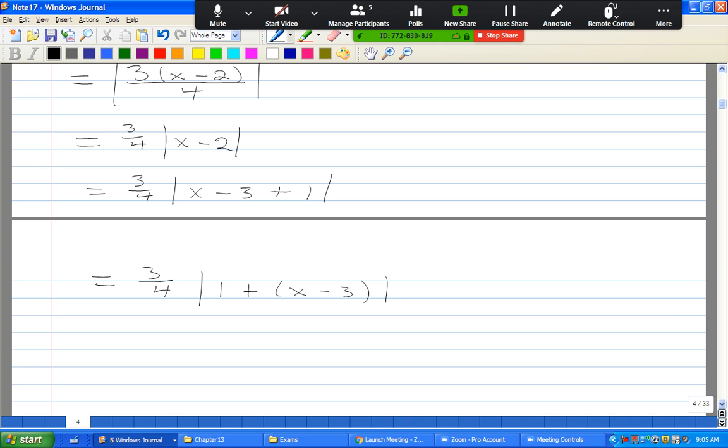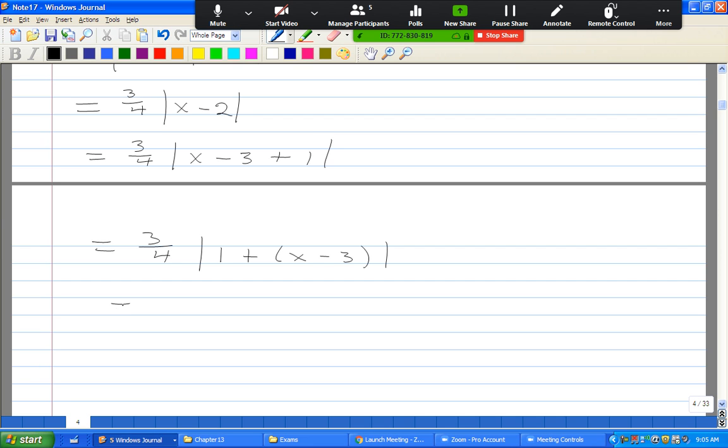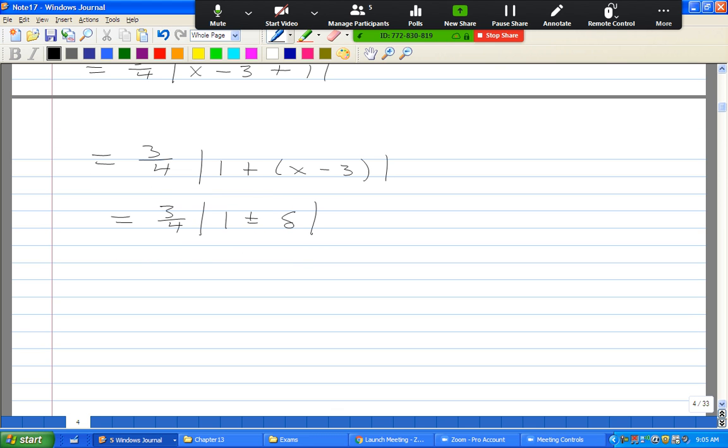Since x minus 3 in absolute value is delta, then x minus 3 is plus or minus delta. And so I'll have to say that here. And then that's my answer.